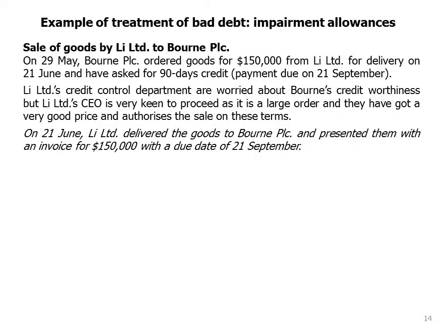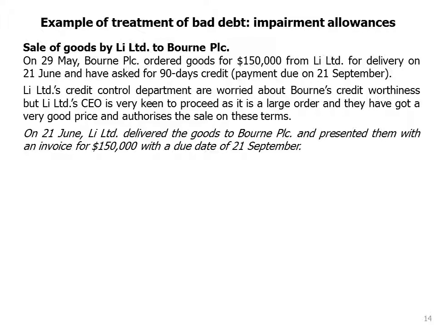So the second example, this time an example of treatment of sale on credit with bad debt and impairment allowances. Lee Limited again, this time sale of goods to Bourne PLC. On 29th of May, Bourne ordered goods for $150,000 from Lee for delivery on 21st of June and have asked for 90 days credit, payment due on 21st of September.